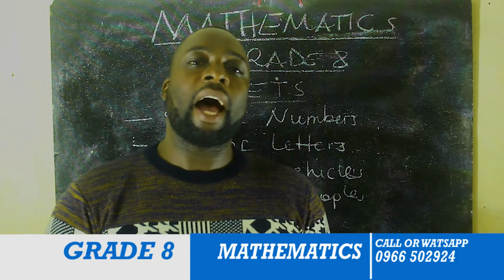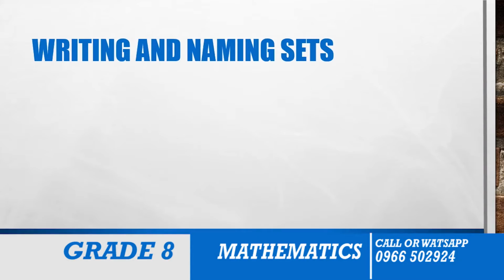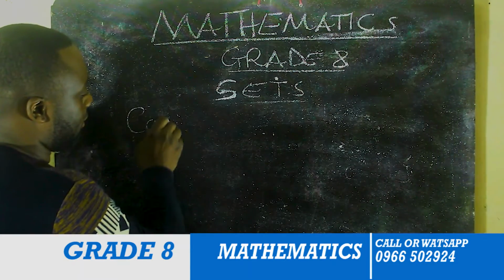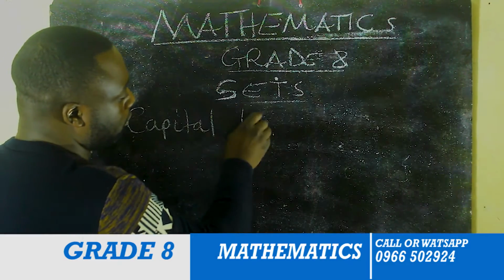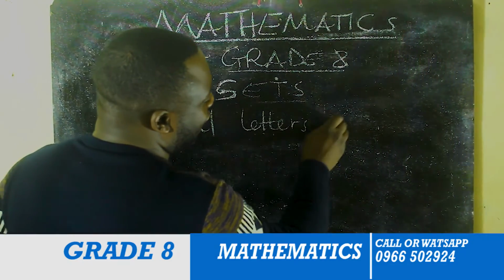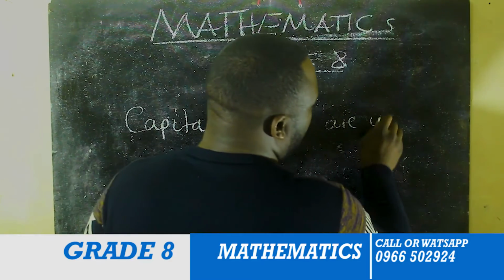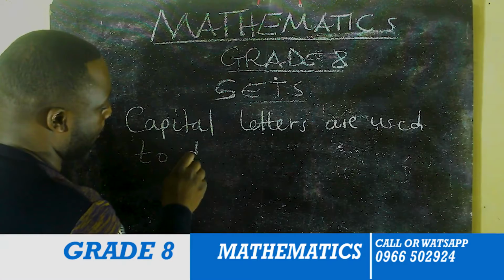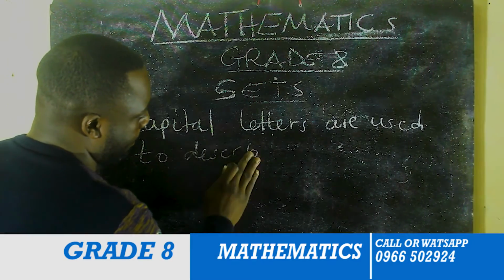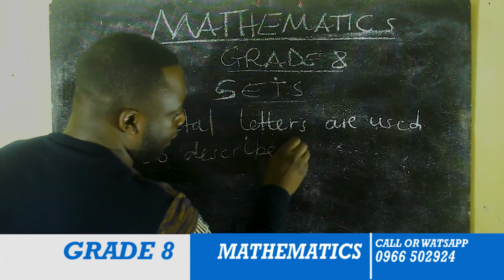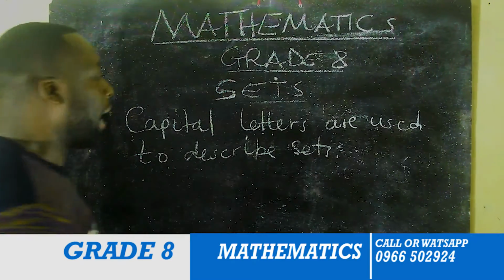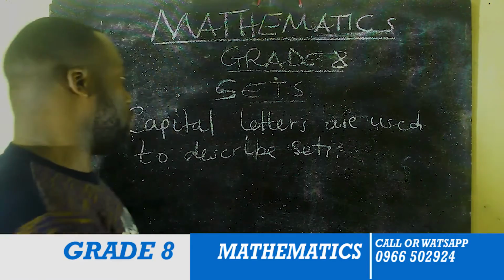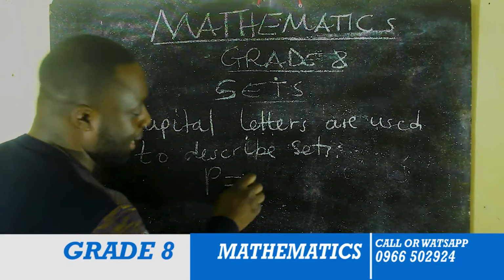Now let us look at how we can write and name sets. Capital letters are used to describe sets. Are we together? So you can have P representing.